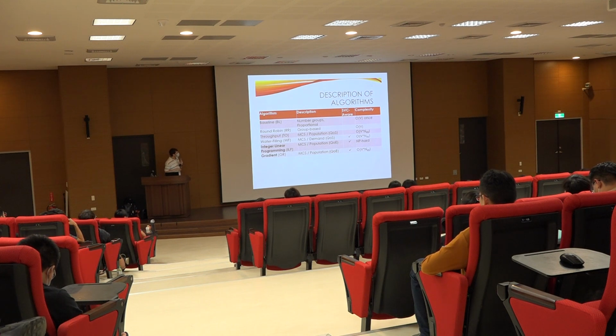So for comparison, we'll see graphs here shortly. For comparison, baseline is essentially we assign a number of groups and it's proportional. So more users in a group, more resources, or some fraction thereof. Its complexity is big O of V. Very simple.